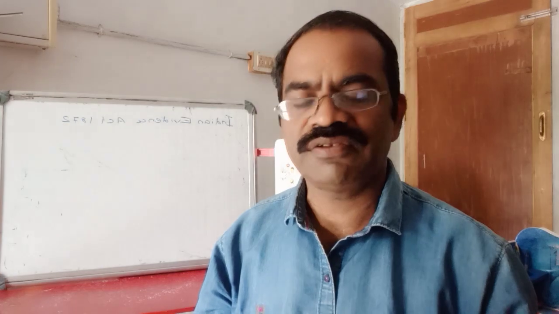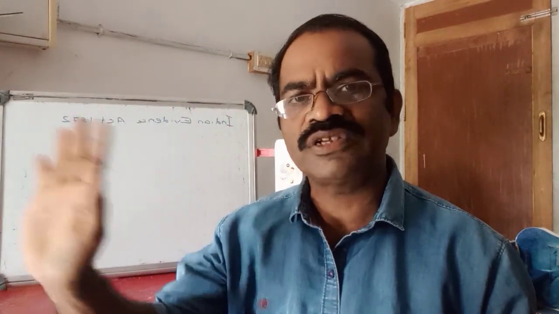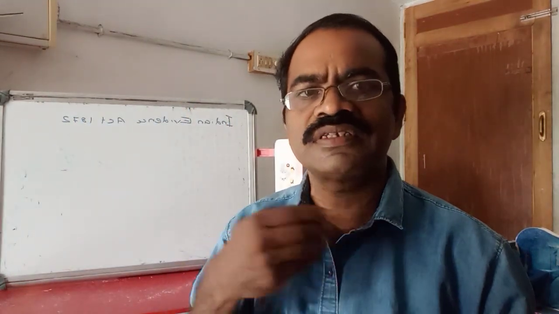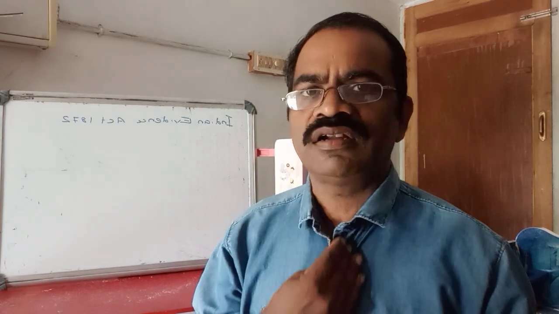A man said certain words is a fact. A abused B is a fact. Fact means something that has actually happened, which is perceived by a person through his senses.